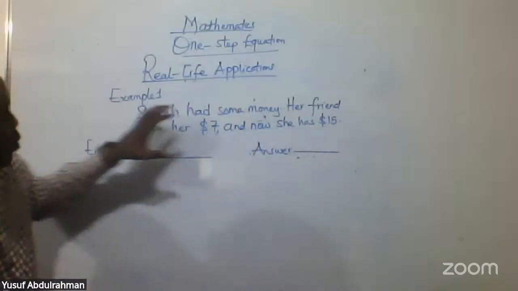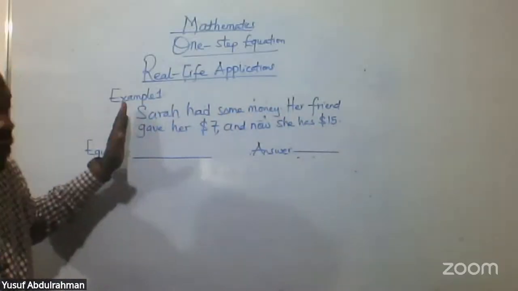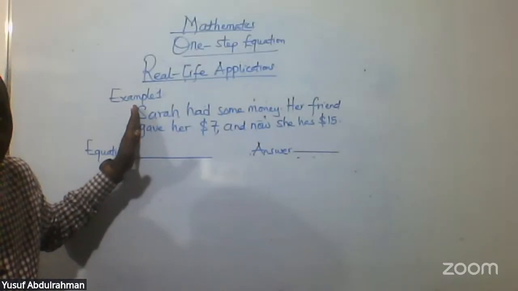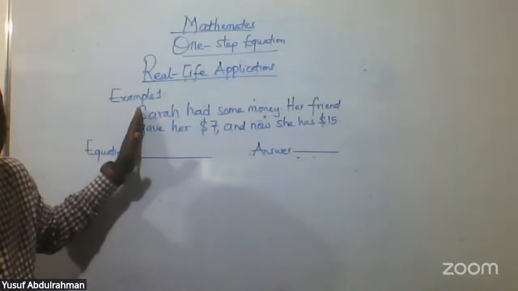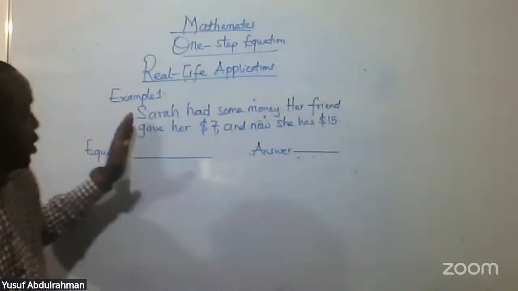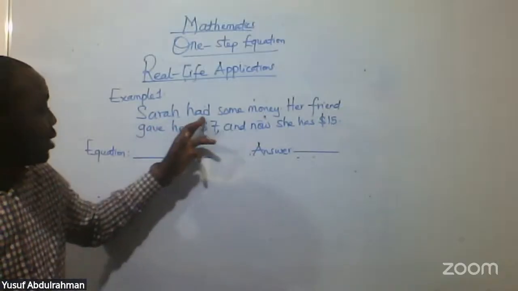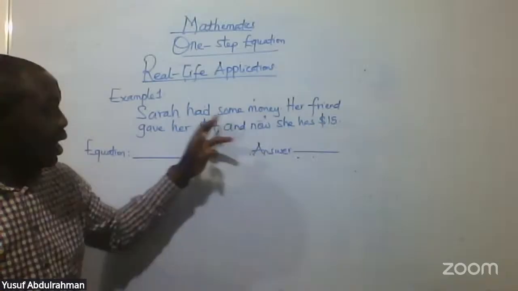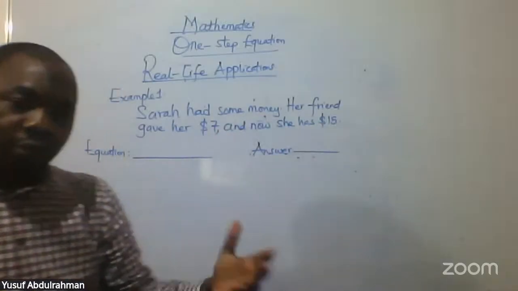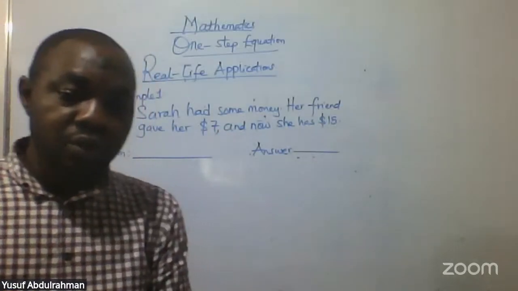Okay. So now this is the verbal statement. We're going to turn this verbal statement into a mathematical equation. Now, Sarah had some money, so we have no clue about the amount she had.